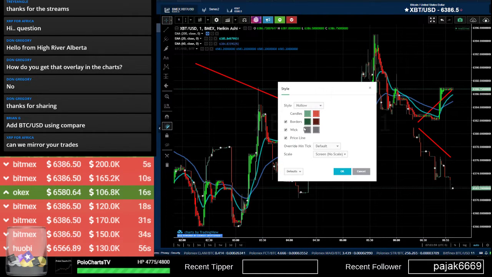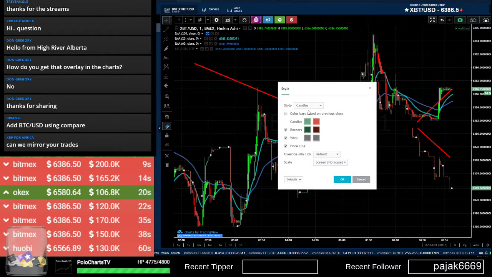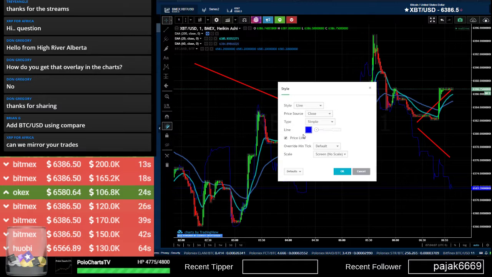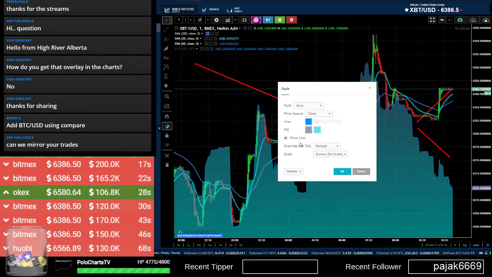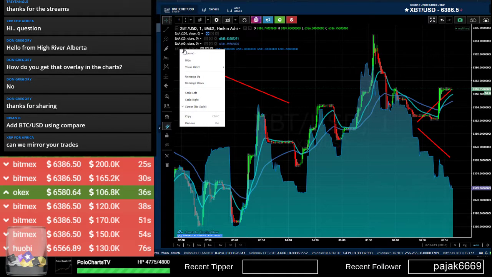I could do hollow candles for the other exchange. I could do just regular candles. I could do a line for the other exchange, but I've chosen the area so it really stands out to me. And of course, I think you can switch them around so that one is higher than the other.